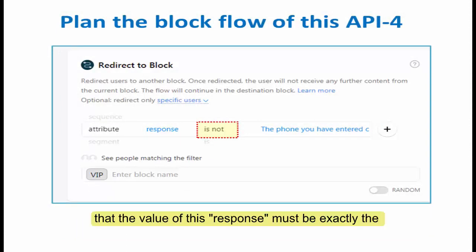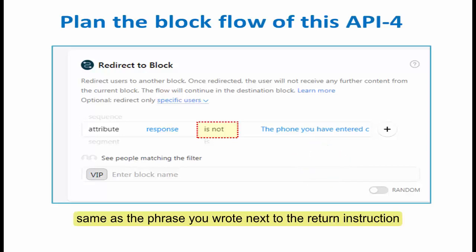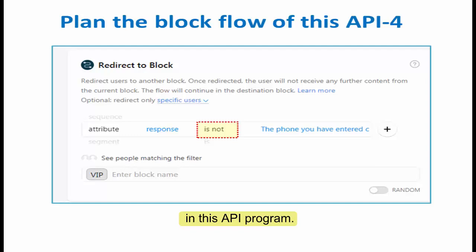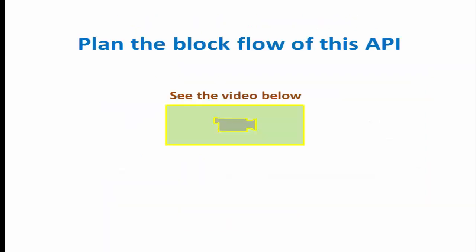Remember that the value of this response must be exactly the same as the phrase you wrote next to the return instruction in this API program. Next, let's take a look at the real working condition on the Chatfuel platform.